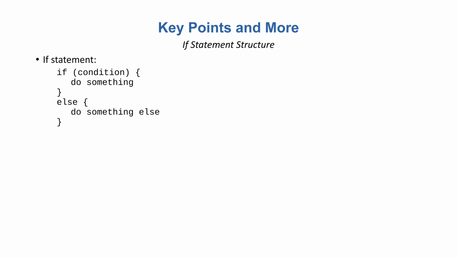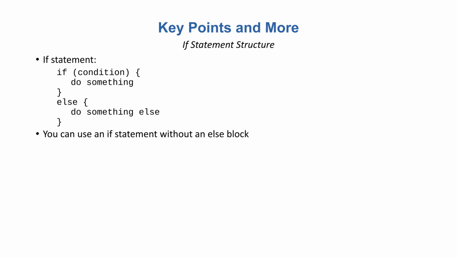If checks for a condition which is either true or false. If true, the block of code within the curly brackets immediately after the condition is run. If false, the block of code within the curly brackets immediately after the word else is run. So this code says, if the condition is true, do something, otherwise do something else.